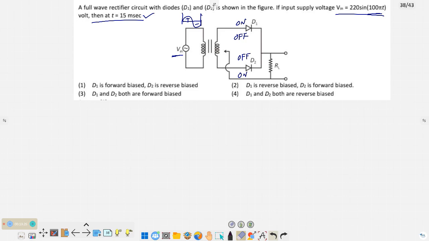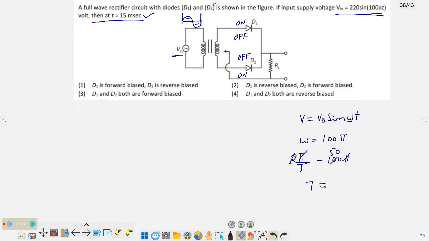For that, compare this with the standard equation. V is equal to V naught sine omega t form. In the place of omega, we have 100 pi. So omega is equal to 2 pi by T, that is equal to 100 pi. So pi gets cancelled, this is 50.